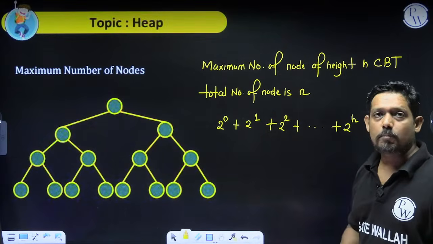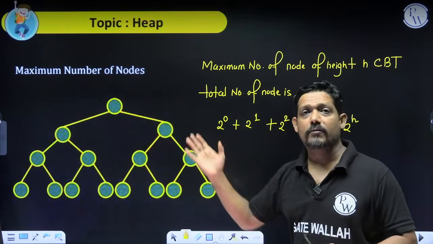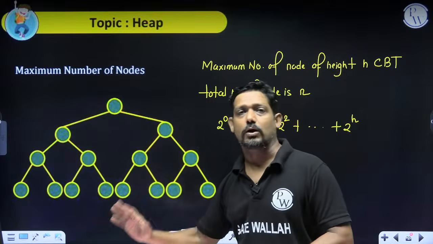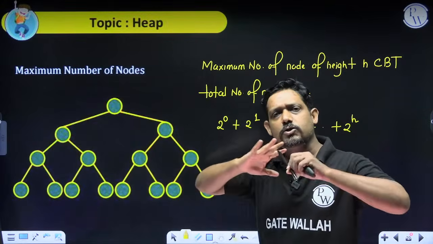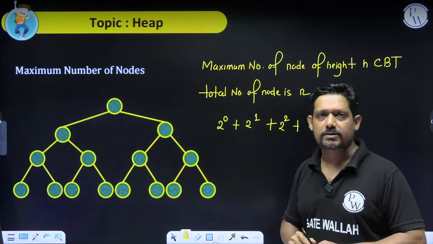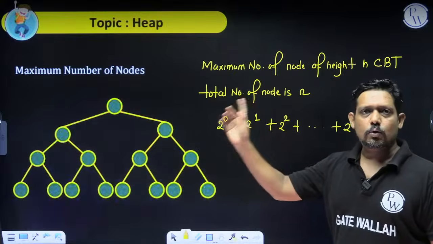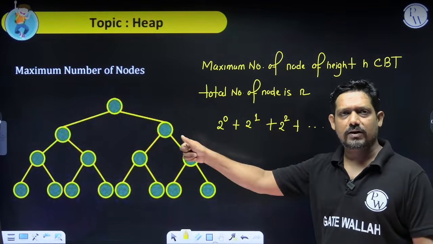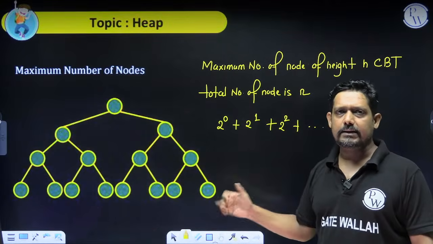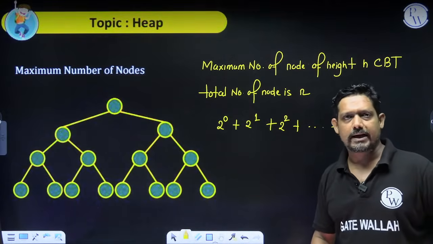So when will the maximum number of nodes occur? When every level is full, including the last level, packed, no space, house full.